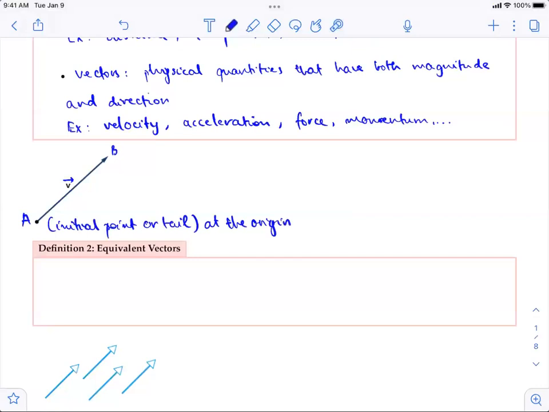B is called the terminal point, or the head. So this is vector v, but it can also be written as vector AB, which indicates that the vector is going from A to B. The arrow points in the direction in which the vector is going, from point A to point B.